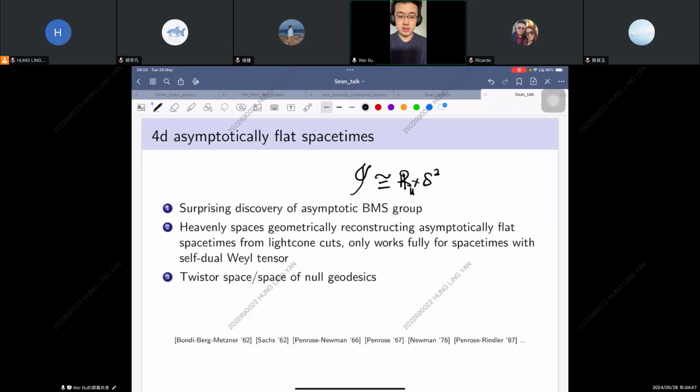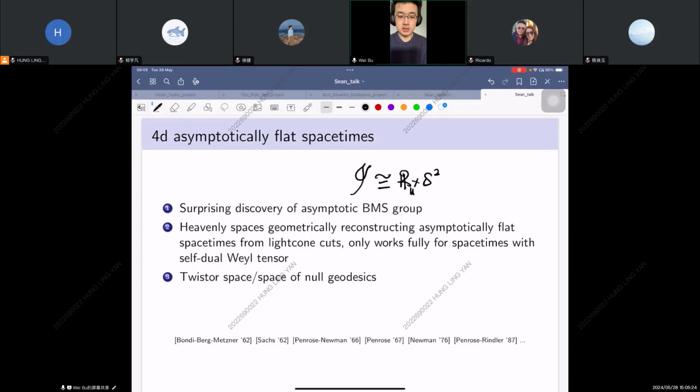Let me give you a piece of history to start with. The study of this reconstruction problem in this class of spacetime, well, you know about AdS, but in asymptotically flat spacetime, it all started in the 60s and 70s. The first thing was the surprising discovery of the asymptotic symmetry group. Bondi and Sachs in particular were trying to solve the conformal Killing equation, whose Killing symmetries are generated by the Poincare generators in Minkowski space, for example.